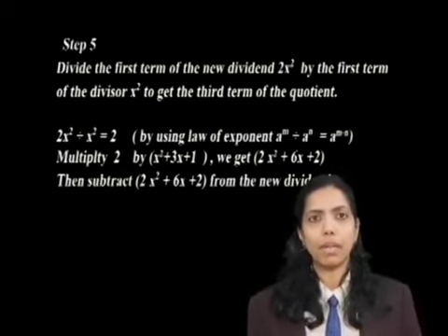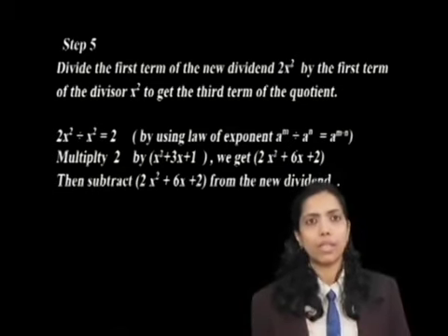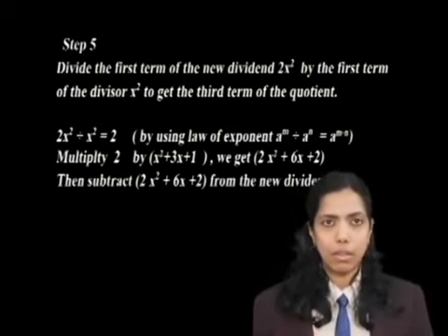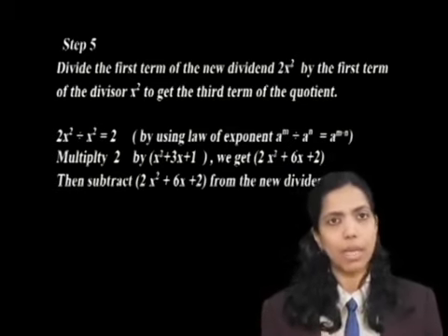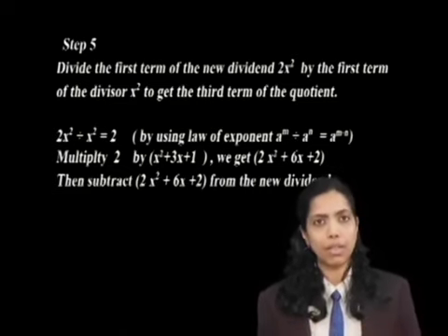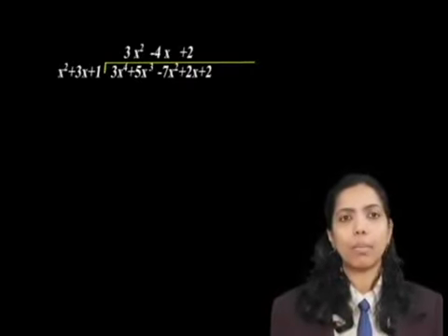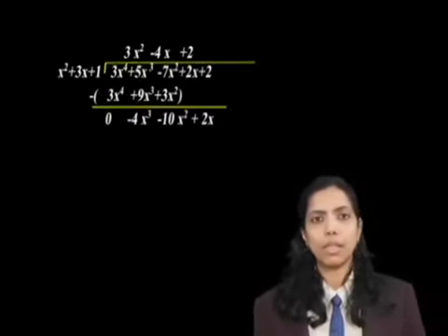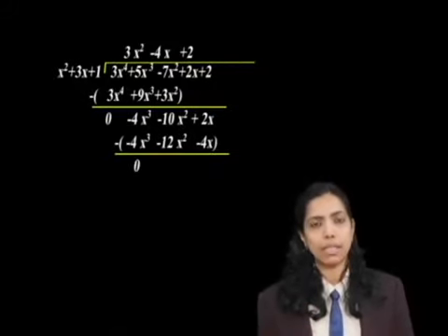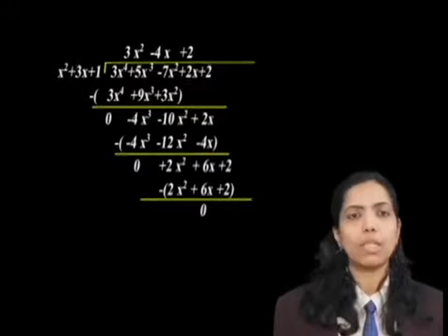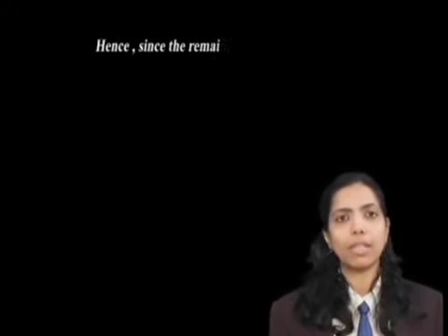Multiplying, we are getting 2x square plus 6x plus 2 as the product. The same like we have to align the terms according to the degree and go for the subtraction. 2x square minus 2x square, the answer is 0. 6x minus 6x, again 0. Plus 2 minus 2, that means 0. So here the remainder comes as 0.